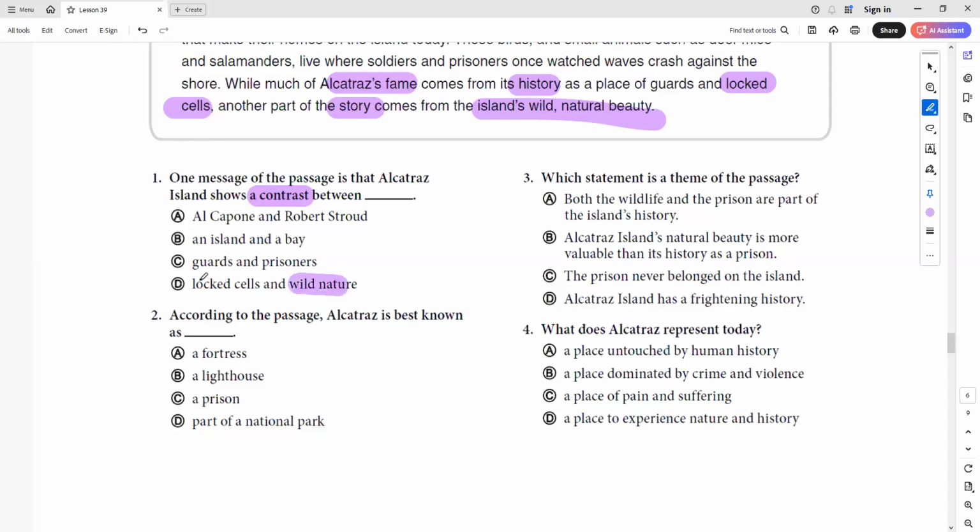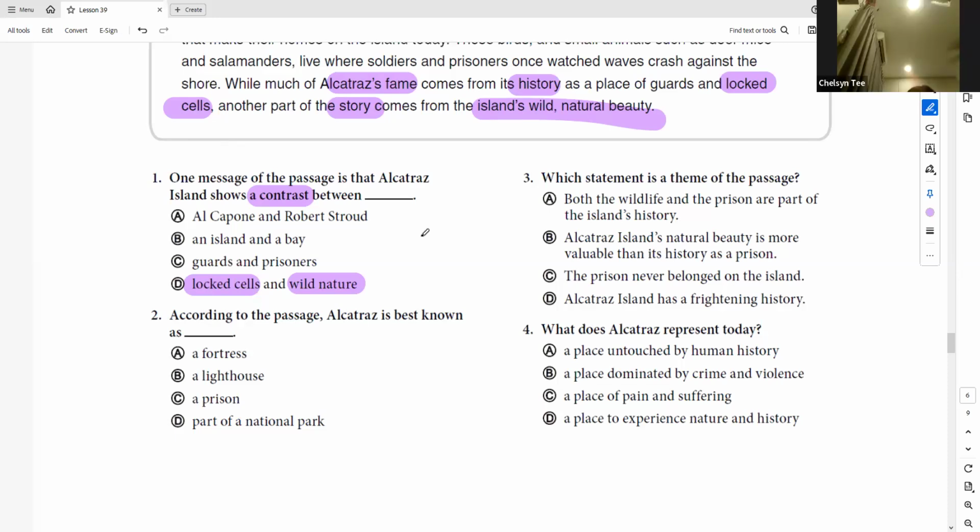The natural beauty and also the lock cells there, OK？反差很大的哈，它既是一个牢房让人恐惧的地方，却是一个很美的天然景色的地方哈。Number 2. And number 2, is it Chelsea, right? Number 1 and 2.